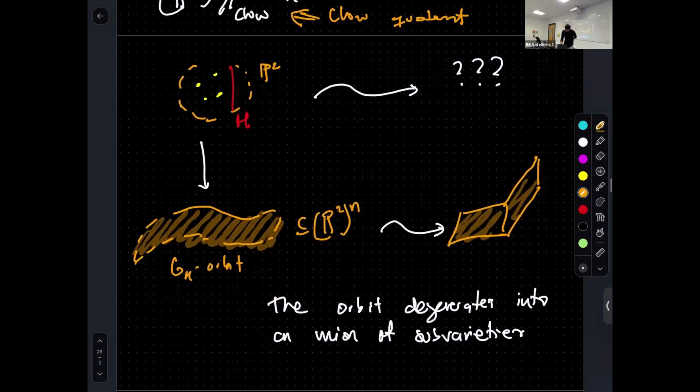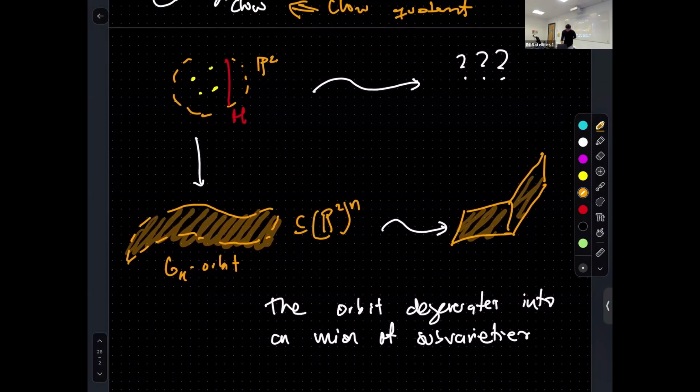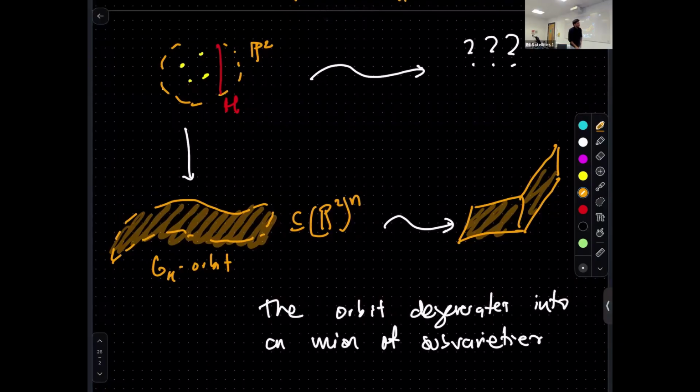But then you lose something. Remember that we always wanted to know what objects go to infinity. So essentially, you have your configuration of points, you make an orbit, and because you are taking the closure in the space of all orbits, it will break. But there is no reason for these components to have any meaning whatsoever, right?